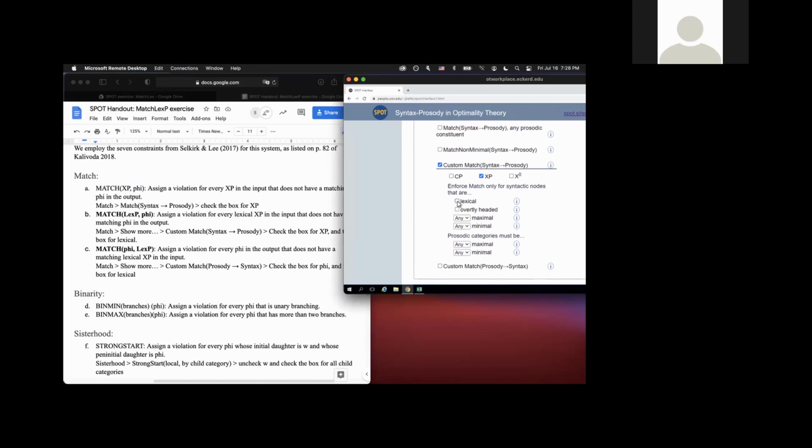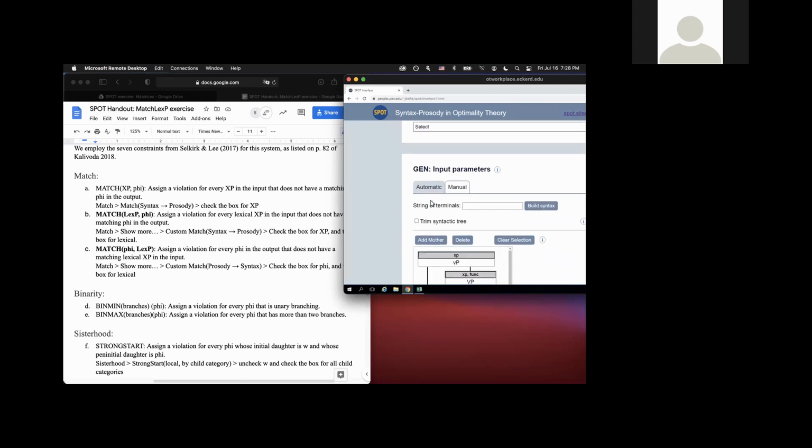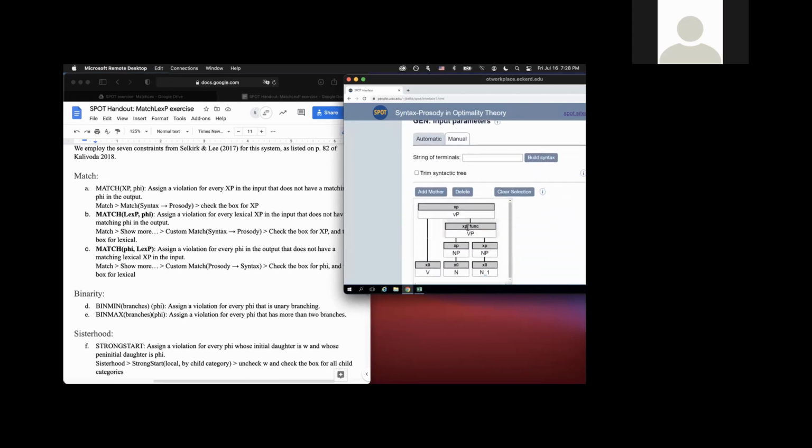As I mentioned before, if you just click lexical, that means that only those phrases that are lexical will be assessed by this constraint. In other words, this constraint is defined so that it ignores those XPs that we marked with comma func in our inputs.